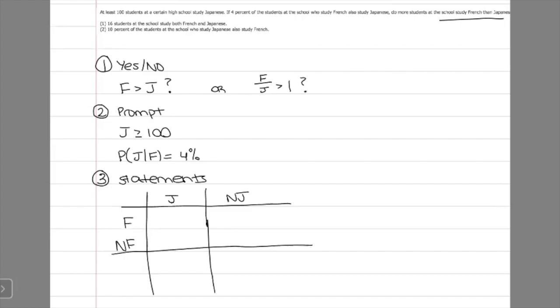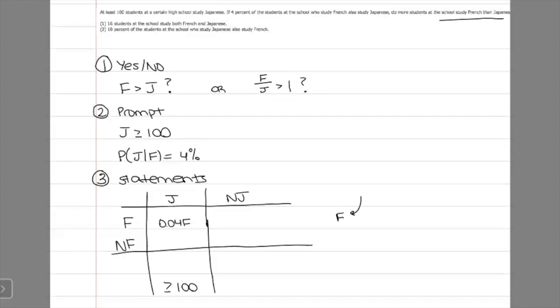Make sure you fill in the info from the prompt. So we know that there were at least 100 for Japanese. So the total here is greater or equal to 100. And 4% of French also study Japanese. So that's going to be this portion. We can write it as 0.04 multiplied by F. And F is just going to be this one.